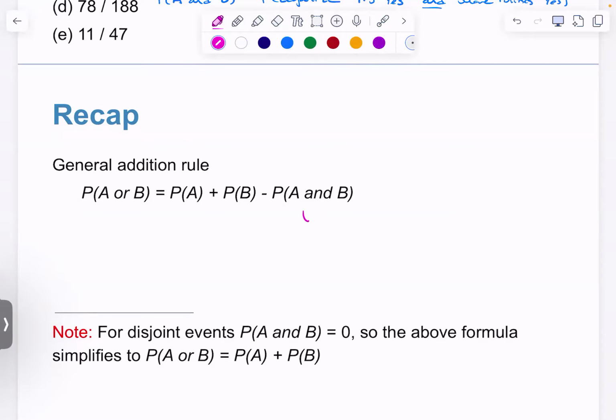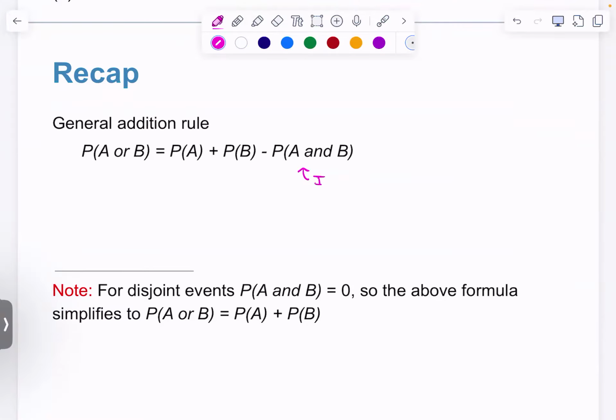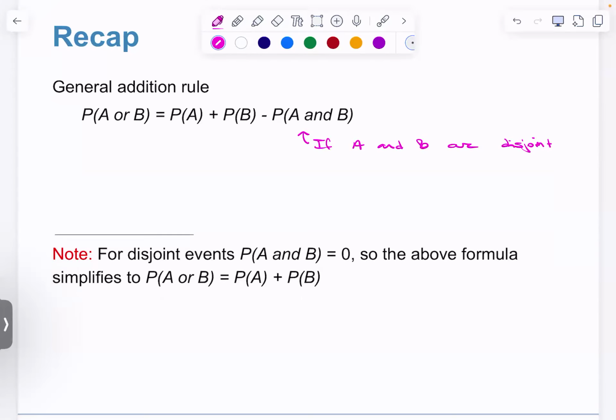And so here, if A and B are disjoint, they can never happen at the same time. So the probability of A and B is 0. It just simplifies your formula, right?